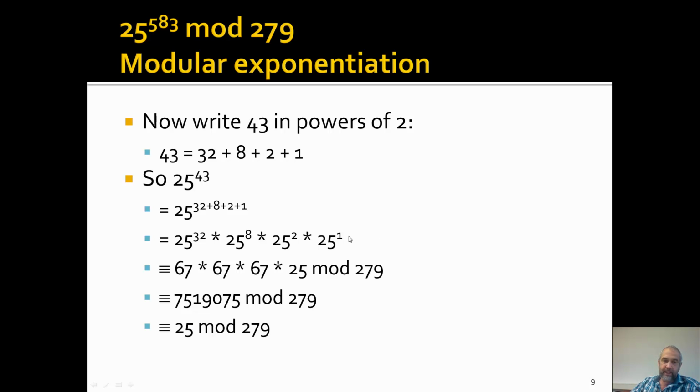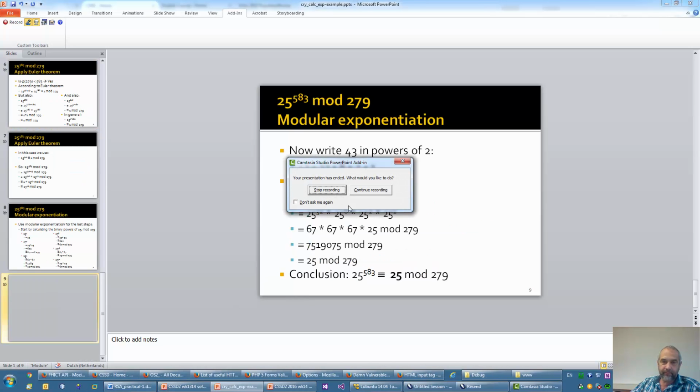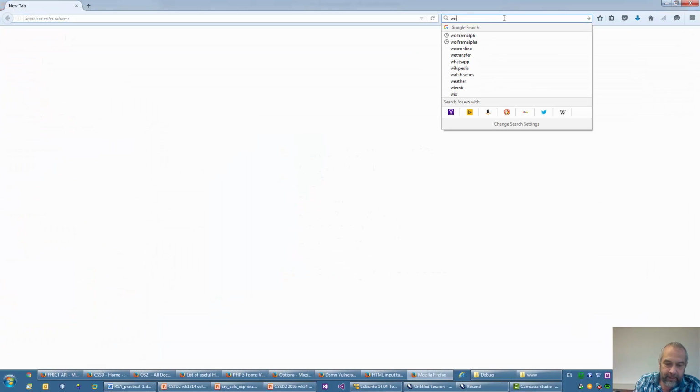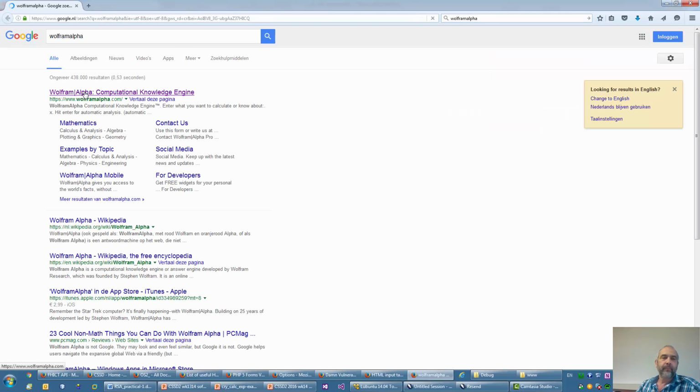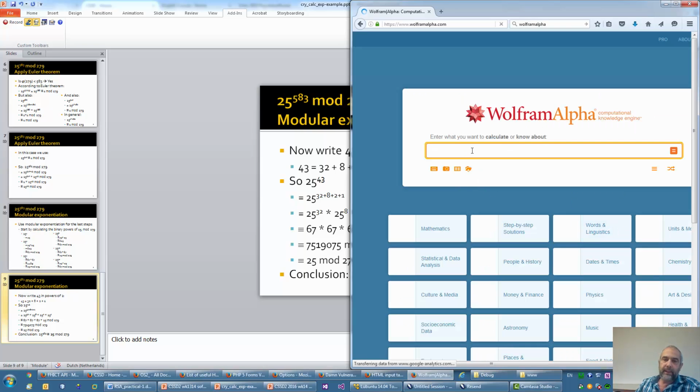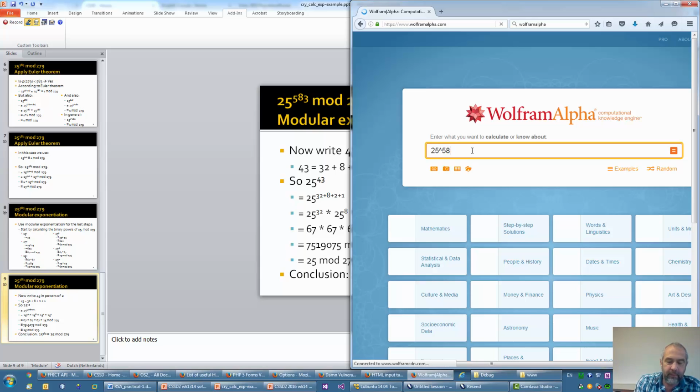Of course, you want to check if this is right or not. We can use the site Wolfram Alpha for that. Here we can enter the same value, 25 to the power 583 modulo 279.